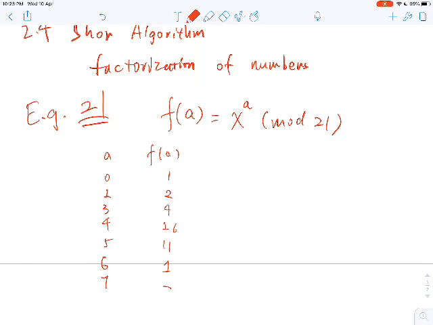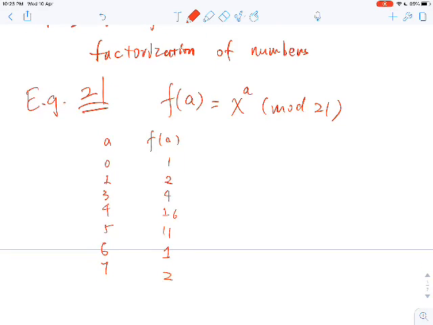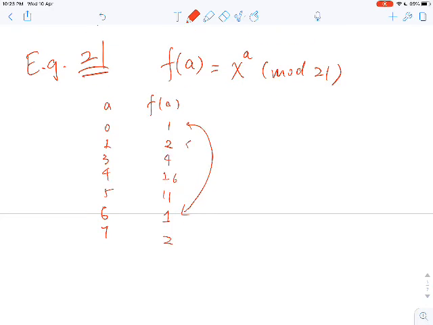And let's stop here. We found that 1 repeated here, 2 repeated here, and it's actually a periodic function. And fa is actually a periodic function, and the period is 6, right?